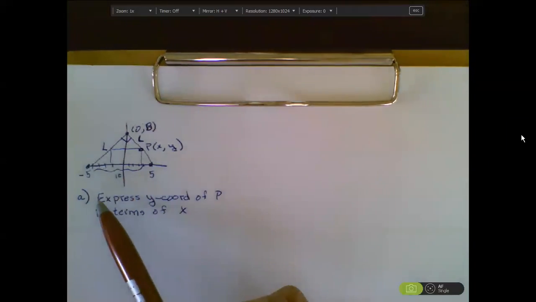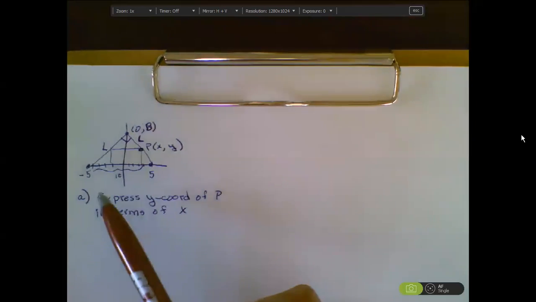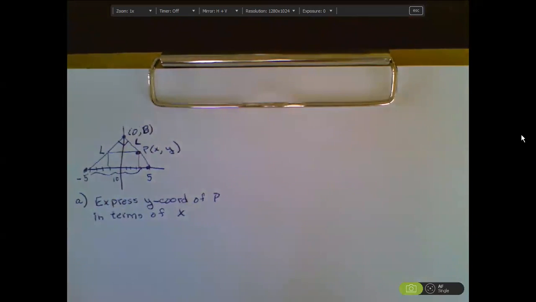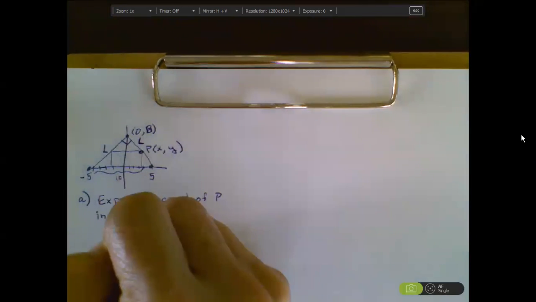Could you give me a formula for finding L with that triangle? Yeah, just the Pythagorean theorem. L squared plus L squared is 10 squared.